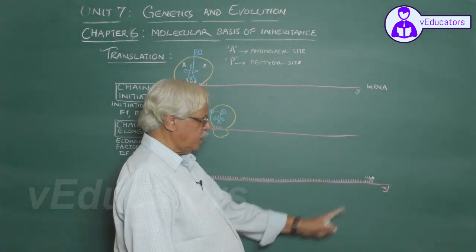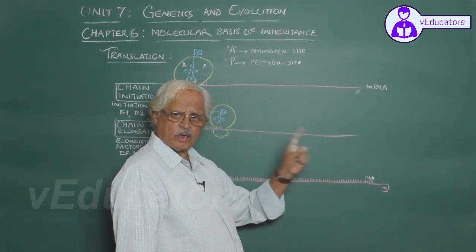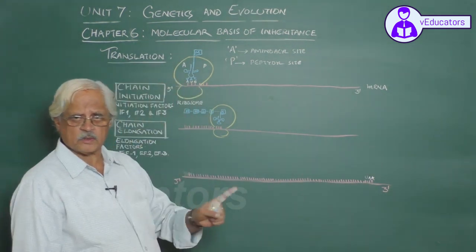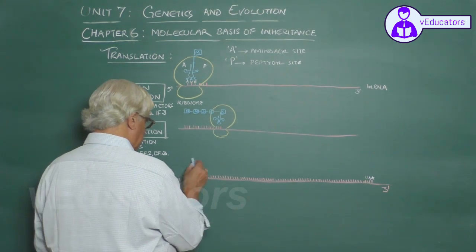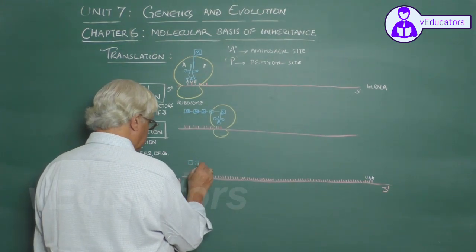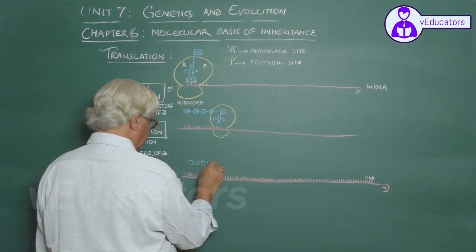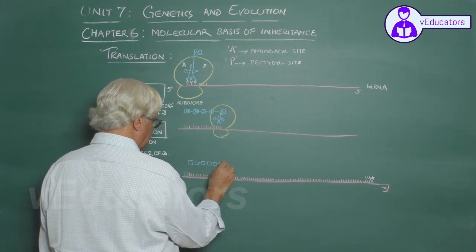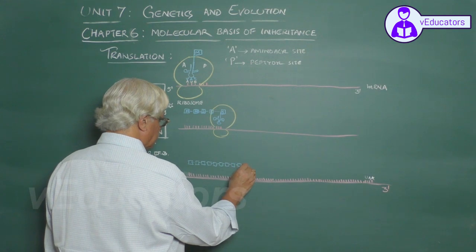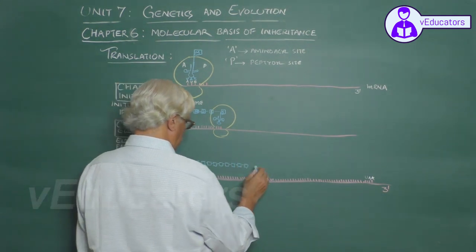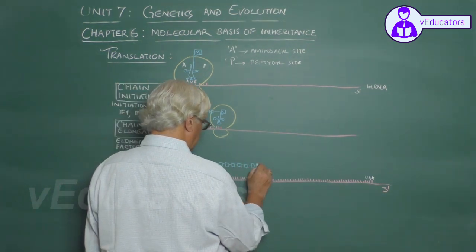Remember, UAA is one of the 3 codons that does not specify any amino acid. So here, for each of these codons, an amino acid has been brought.